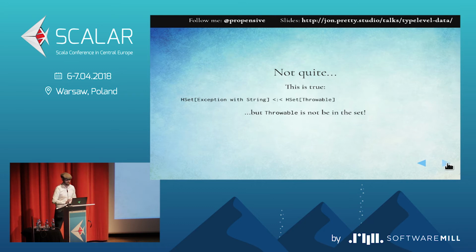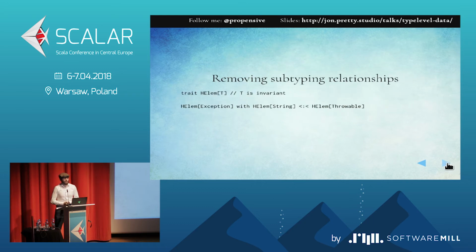This is undesirable. So we want to remove those subtype relationships, and the way to do that is to wrap all the elements in an invariant wrapper. So I'm going to put them inside HElem, and that removes any relationship between HElem of Exception and HElem of Throwable. HElem of Exception and HElem of Throwable, by virtue of invariance, are unrelated types.